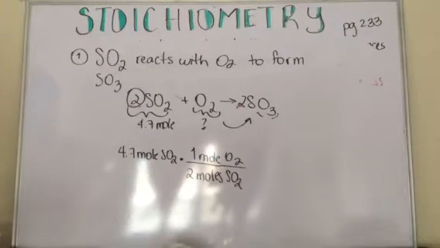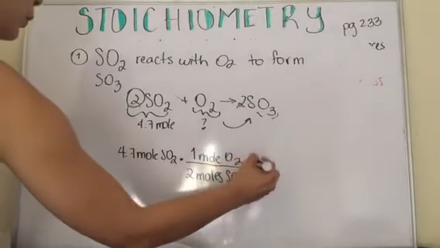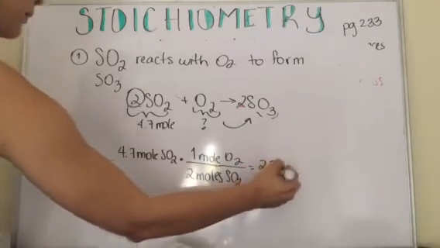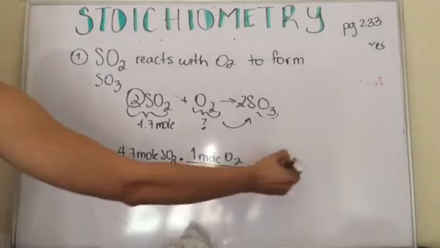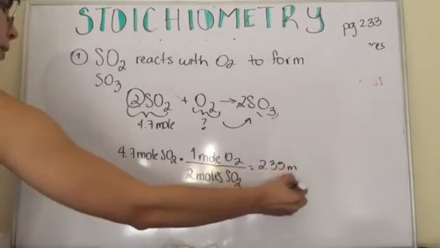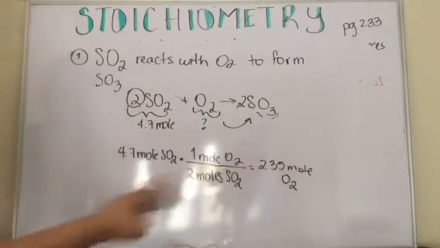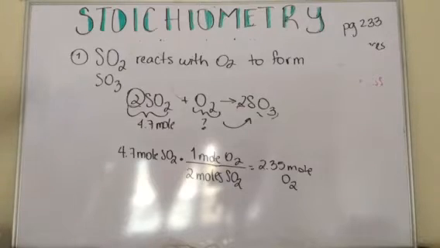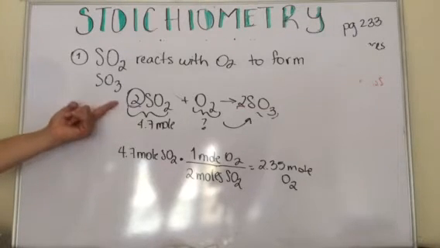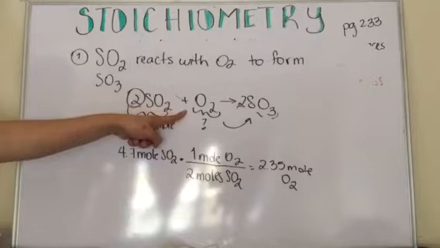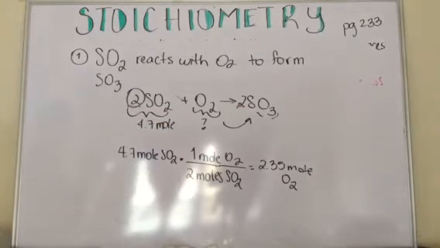So this is going to give me 2.35 moles of oxygen. All right, so for me to make this reaction, I need 4.7 moles of SO2 and 2.35 moles of oxygen in order to produce SO3. All right, so this is a simple example of this.